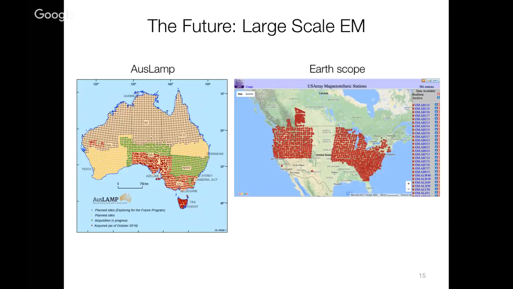But in order to understand what to do, you need to know the electrical conductivity of the Earth so that they can predict what the electric fields are going to be when you have a storm. At this particular point, how much do I need to guard against? That means you need to know that conductivity. So that's a motivation. A lot of people at the USGS are devoted to those geomagnetic hazards.